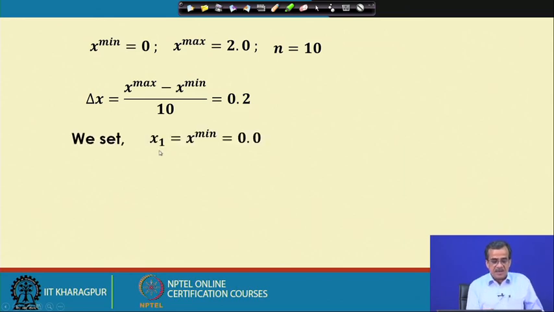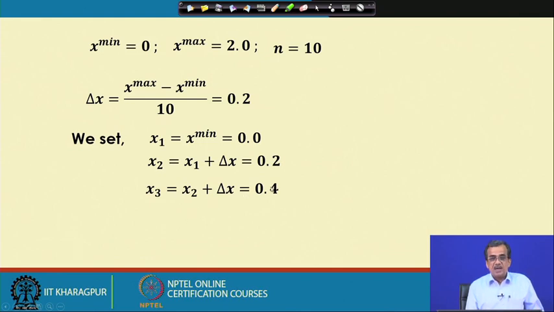So, we set x 1 equals x minimum, that is 0.0, x 2 equals x 1 plus delta x, that is 0.2, x 3 equals x 2 plus delta x, and it equals 0.4. Now, we determine the function values.